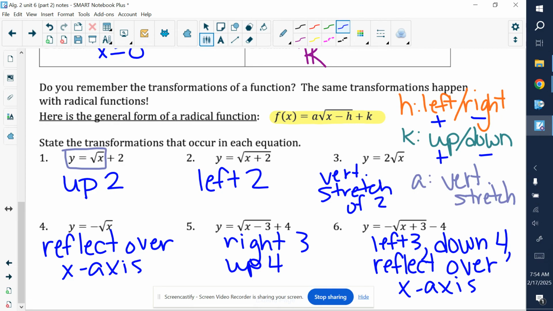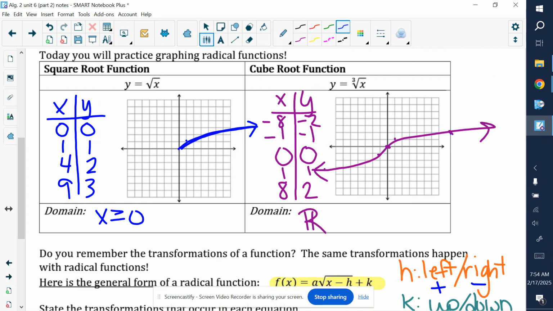So what we're going to do on the graphs on the next page is take this parent function right here, just like we did when we were looking at parabolas and quadratics, and we are going to transform it.